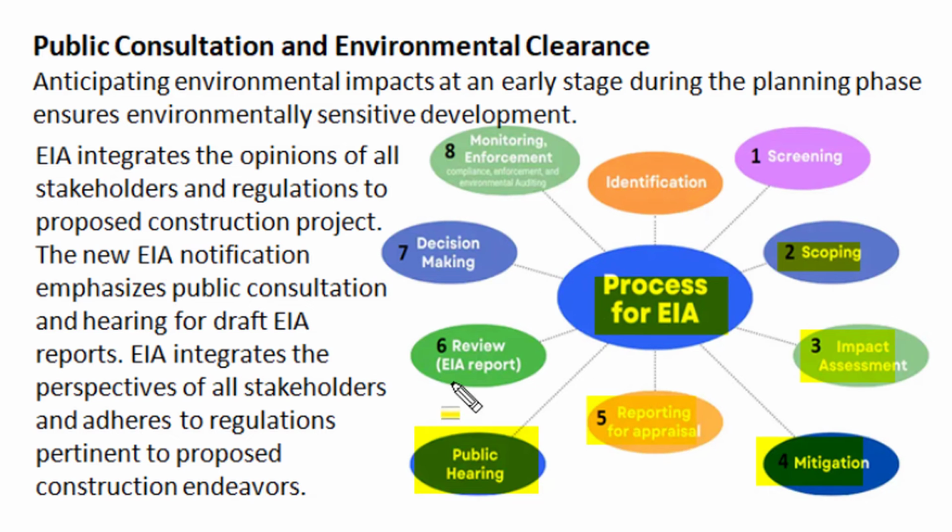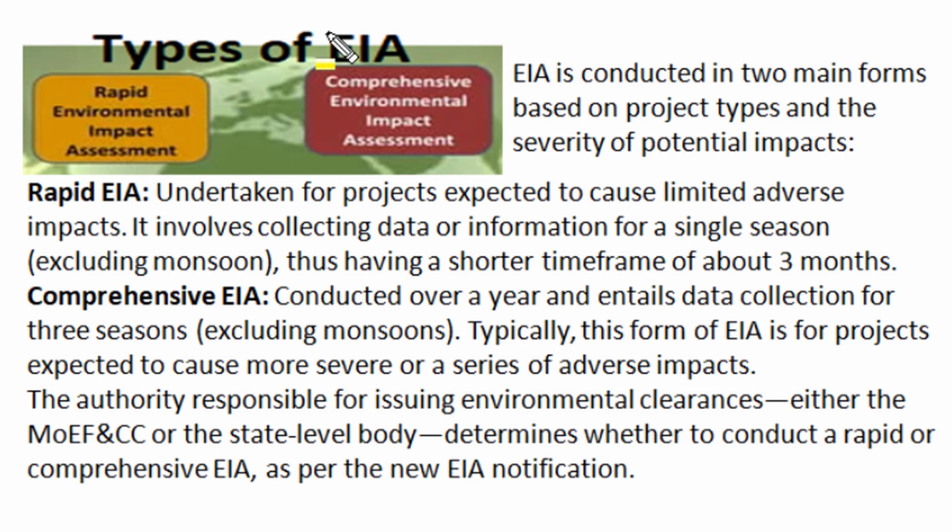proposed project construction activities. Environment impact assessment is conducted in two main forms, rapid and comprehensive impact assessment, and this classification of impact assessment as rapid or comprehensive is based on the severity of potential impacts associated with the project activity.